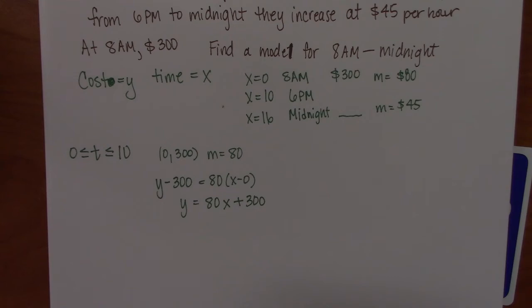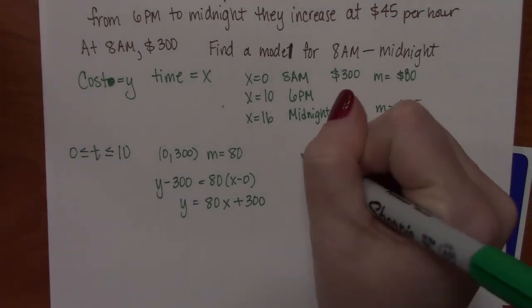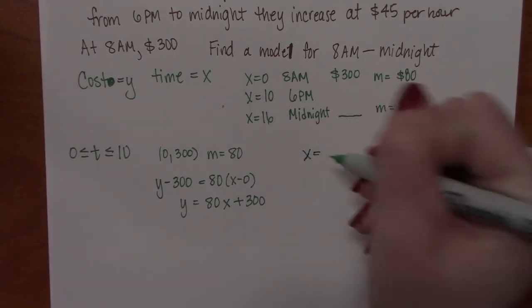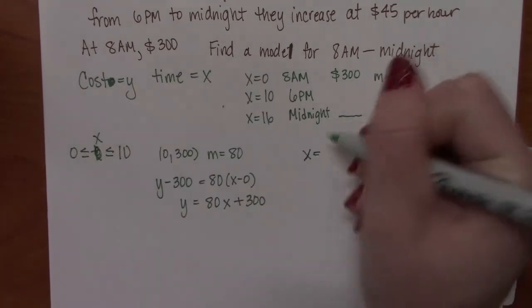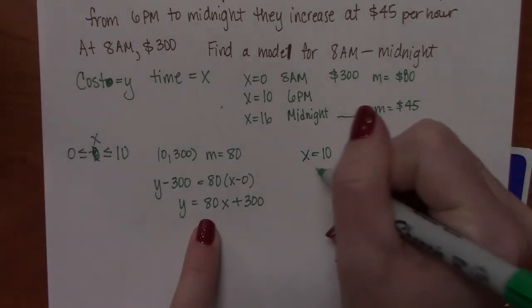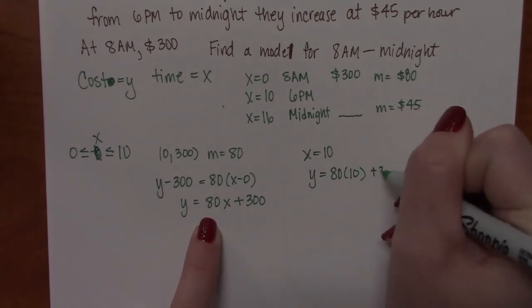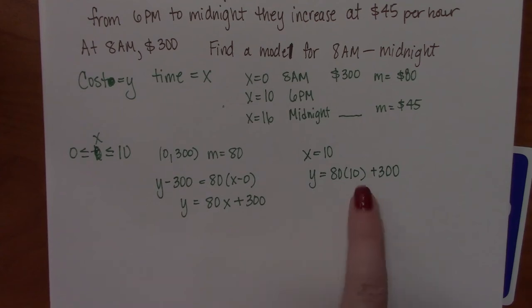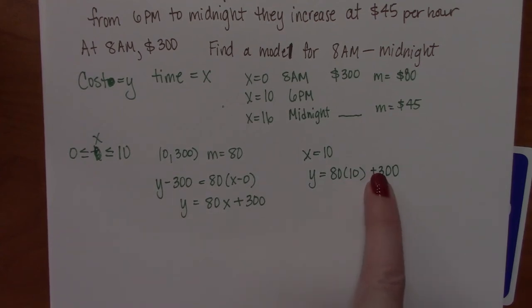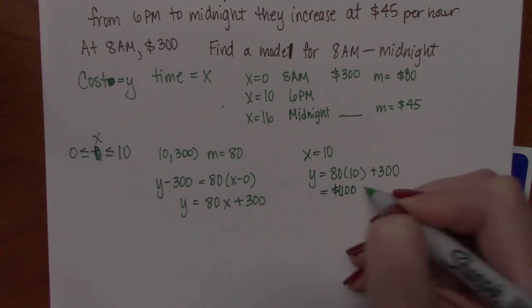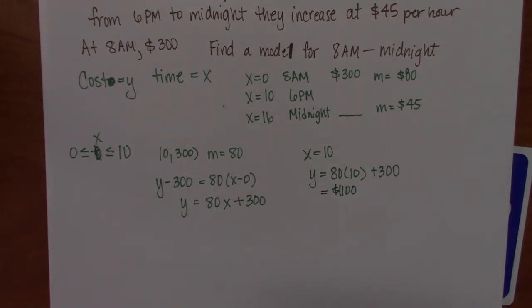So let's look at what happens in our line when x equals 10. If I simply plug 10 into this line, well, 80 times 10 is 800 plus 300, so the bill is $1,100 at 6 p.m.